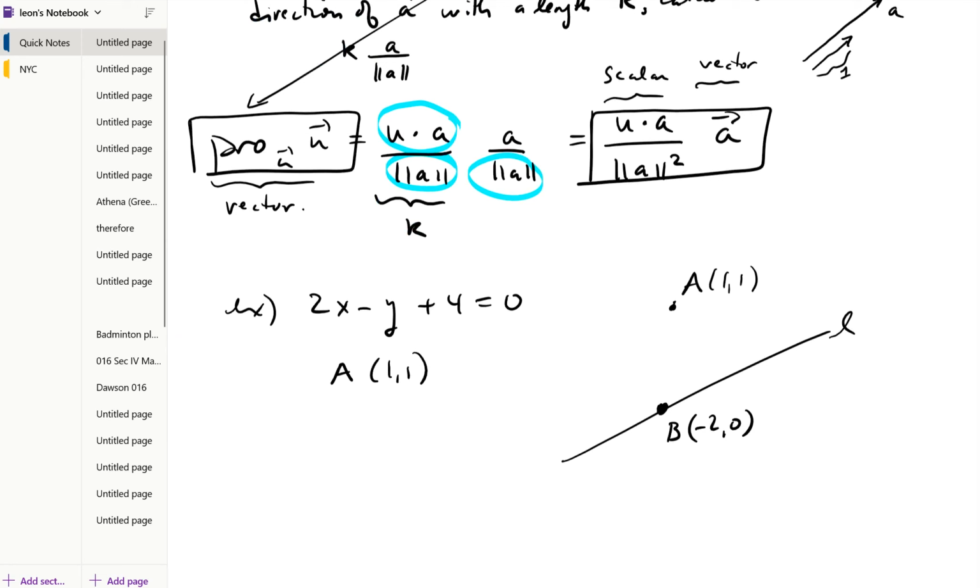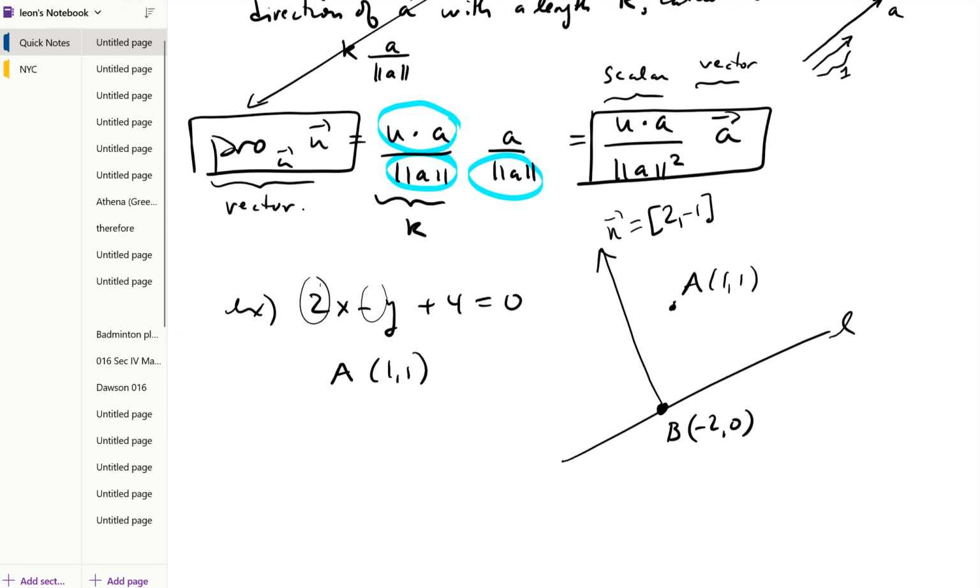Okay. I can easily get a vector n. We did that also, but that's pretty simple, right? It's (2, minus 1). Just look at the coefficients of x and y. So n is my A in the formula, right?